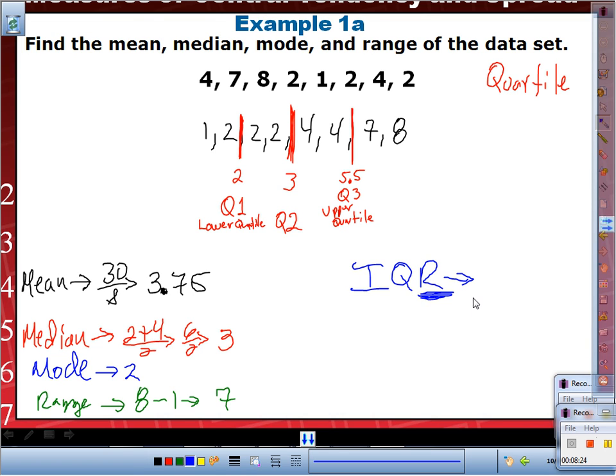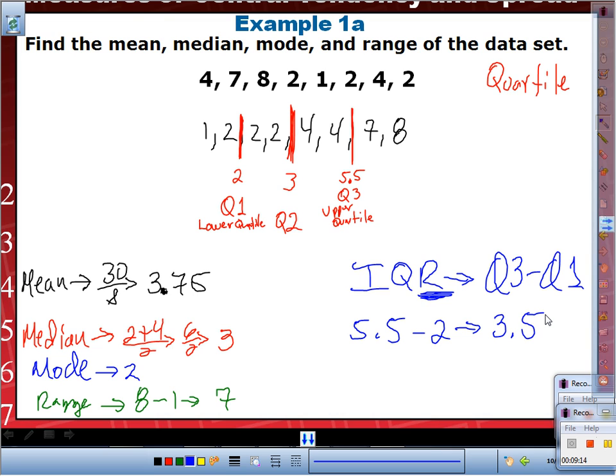All right, who said Q3 minus Q1? That is correct. The upper quartile minus the lower quartile gives us the inner quartile range. So therefore it's 5.5 minus 2, that gives us 3.5. Copy that.